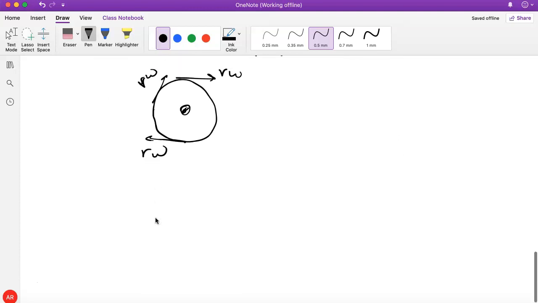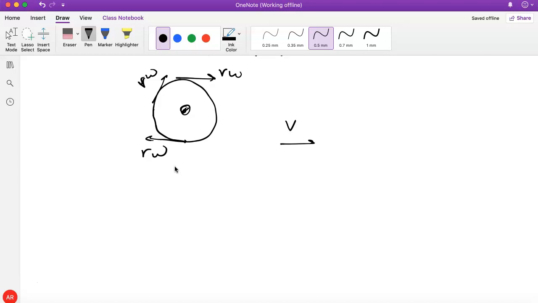Now, suppose in the ground frame, someone not moving with the wheel sees the wheel moving with velocity v. What should that velocity be so that this point of contact has zero velocity?